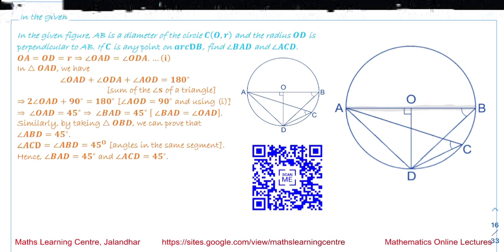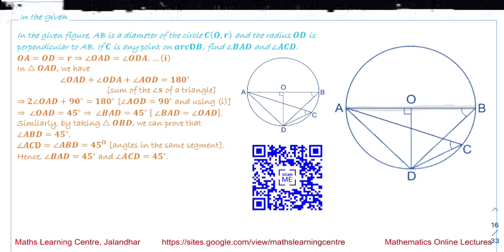To prove this, we have done the construction over here, and the construction is that we have joined O and Y. Now we are talking about the arc XY. This arc is subtending the angle XZY, and this is also subtending the angle XOY at the center.